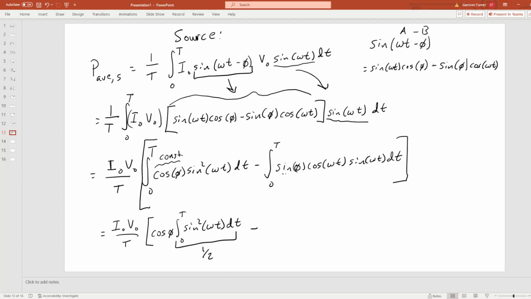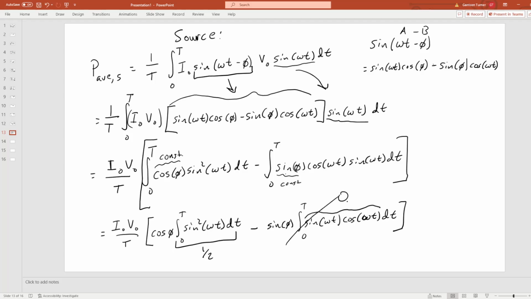And same thing, sine of phi is a constant. So this comes out of the integral. But by the same logic that we just argued for the inductor and capacitor average power, sometimes this product will be positive, sometimes it'll be negative, but the average of the two is 0.